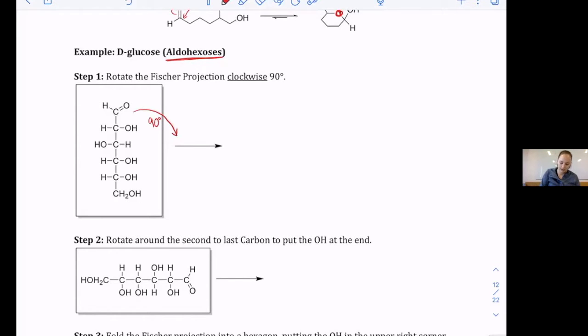Okay, I'm going to number these carbons so that we keep track very nicely. I'm going to draw my horizontal line now, and we're going to end with our carbonyl, our aldehyde. 2, 3, 4, 5. That line's a little too long.